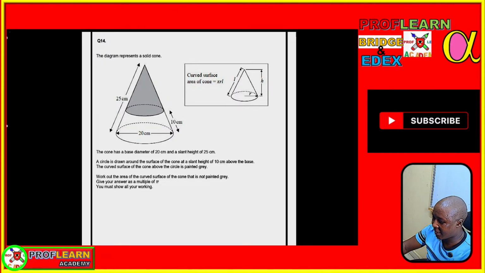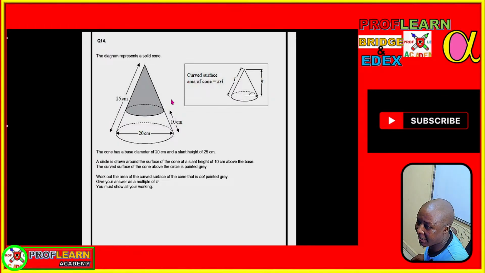Yes, you have to use scale factor. Perfect, that is true. We have to use scale factor in order to work it out. But remember, the curved surface area is going to be what?